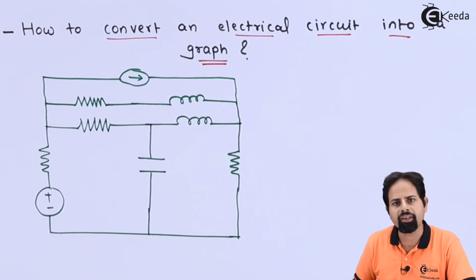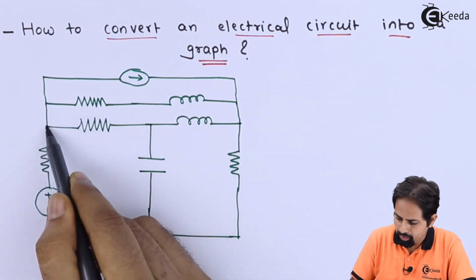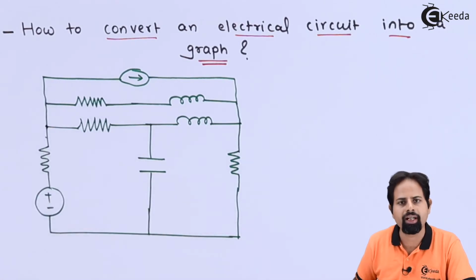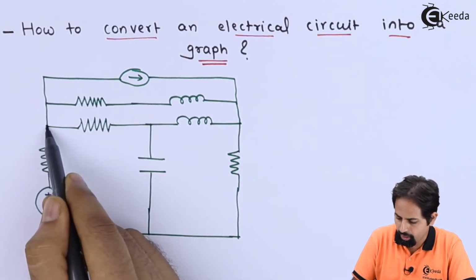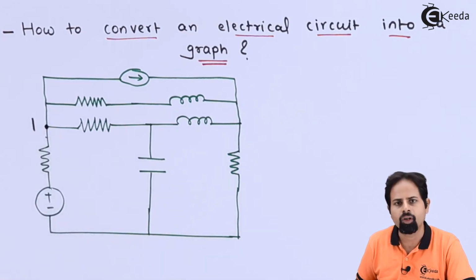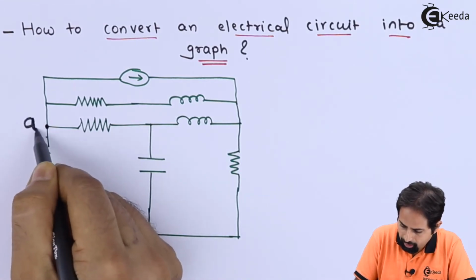To convert it into a graph, you need to know which are the nodes. Here you can see at this point, branches 1, 2, 3, and 4 are all connected, so this can be called a node. This will be our node number 1, or you can also call it A.